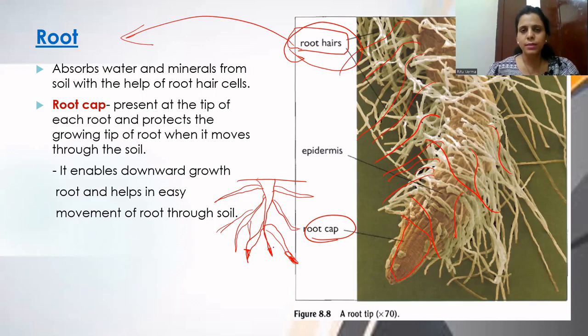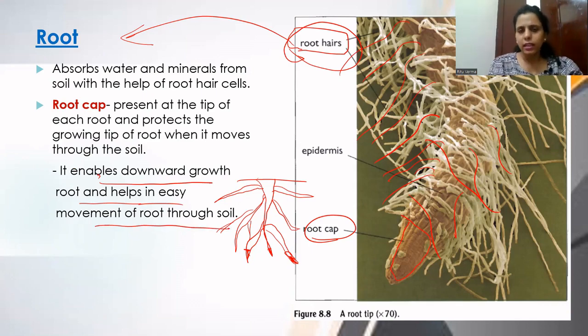The apical meristem is present, and these meristematic cells help in the growth of the root, in increasing its length and size. So the function of the root cap is to protect the growing tip of the root when it moves through the soil. Apart from this, the root cap also enables the downward growth of the root and helps in easy movement of the root through the soil.